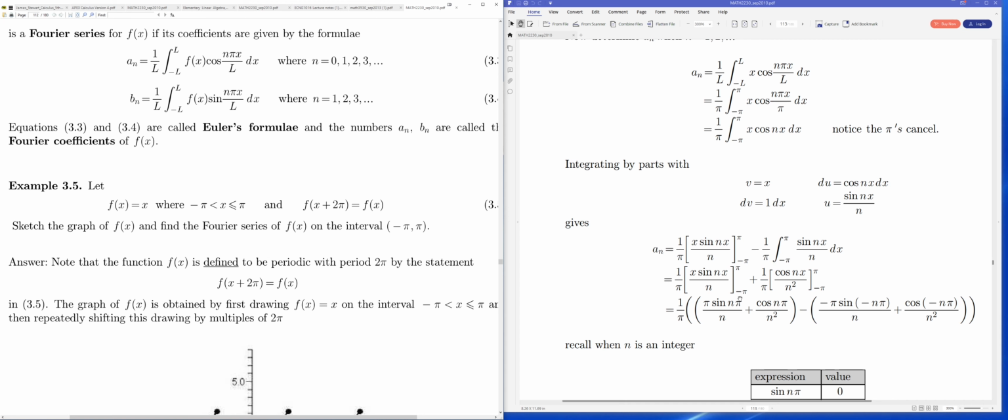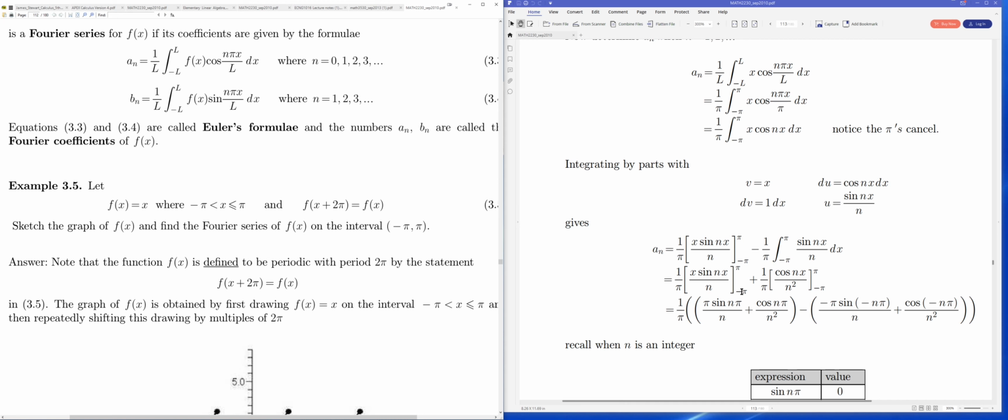And over here, when I put in x equal to minus pi, I'm going to have a minus pi here, sine minus n pi on n. So the minus pi sine minus n pi on n, and I'm subtracting that one, so that's the subtraction over here.